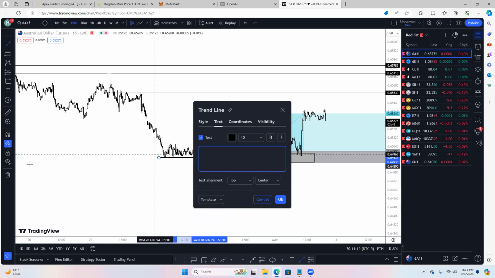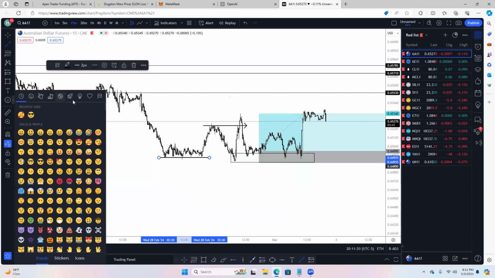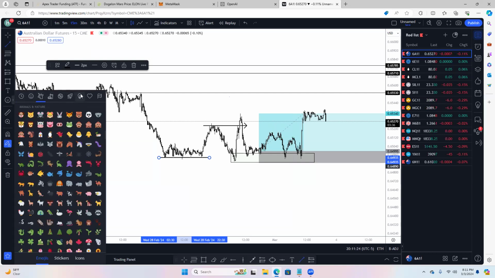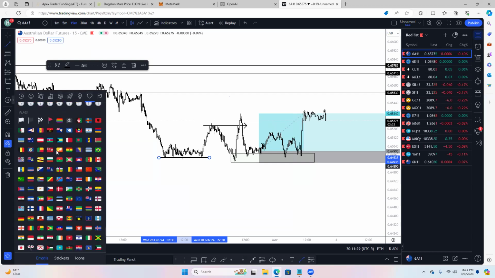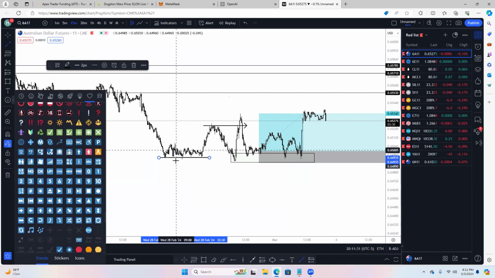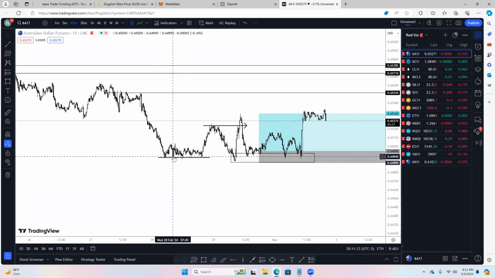Where are the shapes? I'm just gonna put a money symbol.